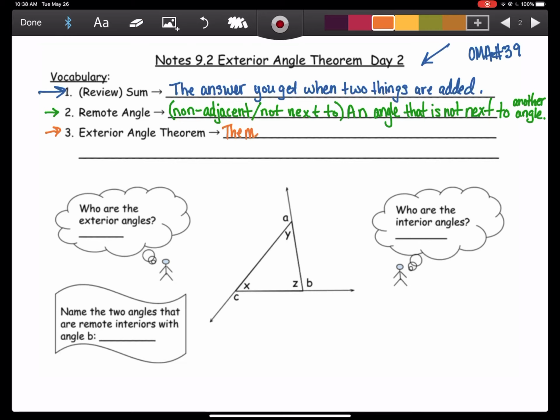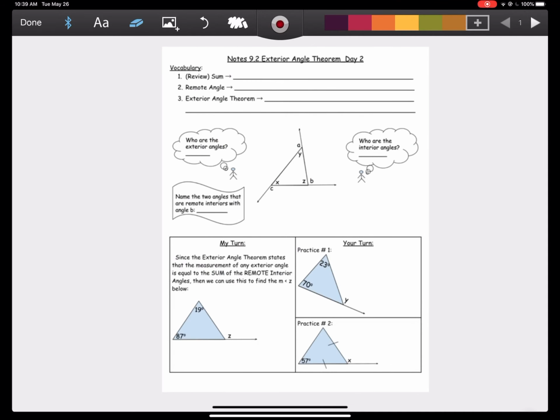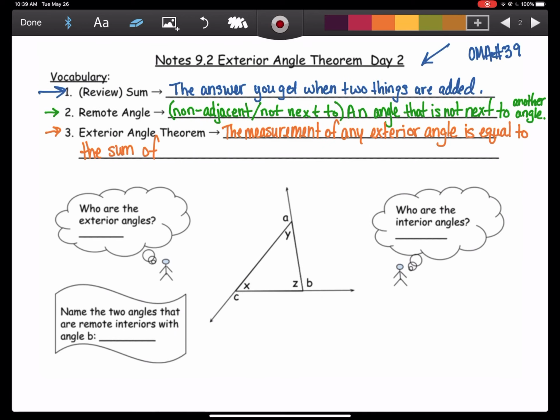The measurement of any exterior angle is equal to the sum of, let's go back and look at the wording just in case, the sum of the remote interior angles.